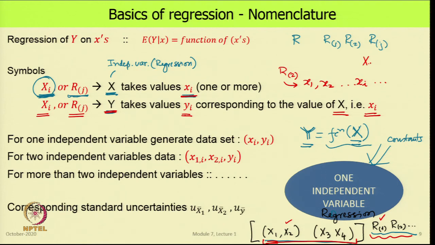That is what it is: x2 and R1 is what we want to make a regression. The first value of R1, this is y, say this is x. The first value of this, we will call it y1, and it must correspond to the first value of x2, which we call x1.